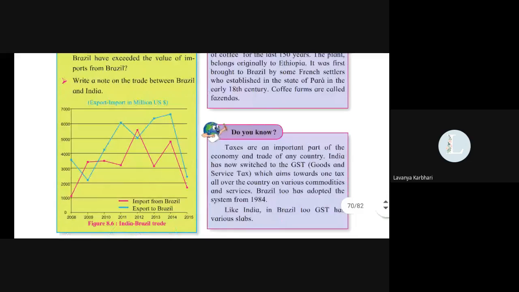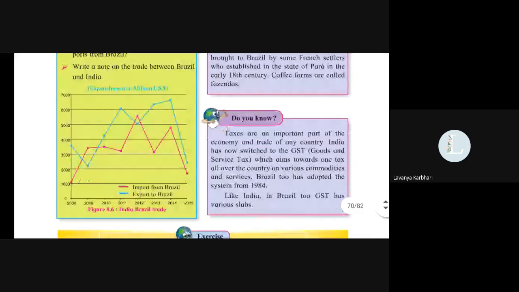So you can see on the x-axis there are years. Okay, 2008, 2009, 10, 2011, 2012, 2013, 2014, 2015. The blue color is export to Brazil, and the red or pink color is import from Brazil.